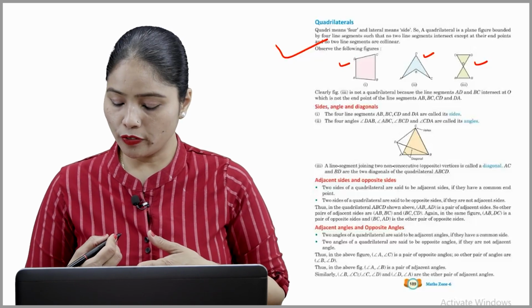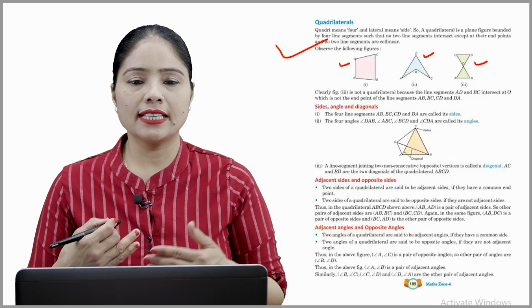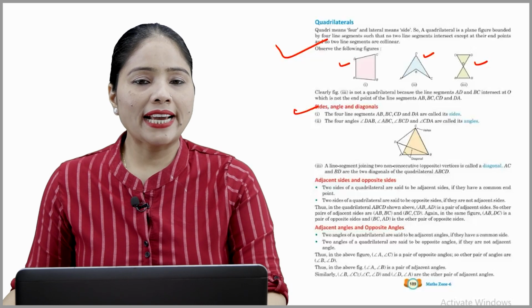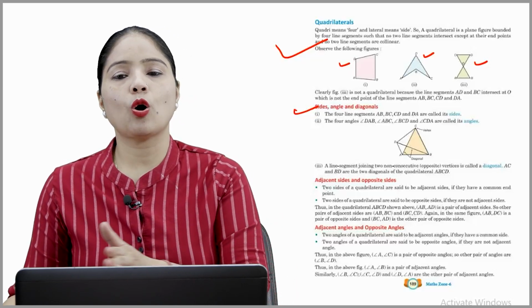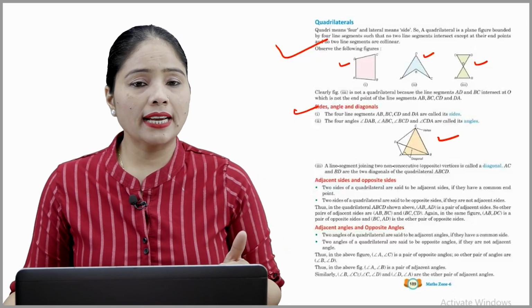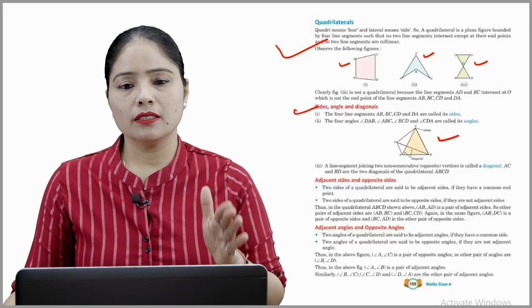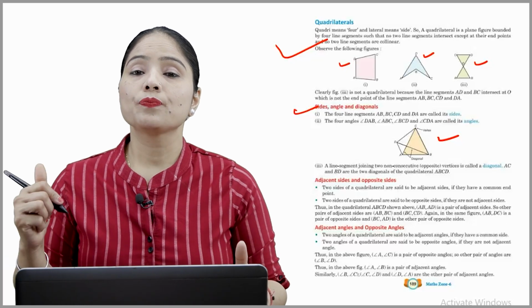I hope you understood well. So now move on to sides, angles and diagonals. The 4 line segments AB, BC, CD and DA are called its sides. The 4 angles, angle DAB, ABC, BCD and CDA are called its angles.